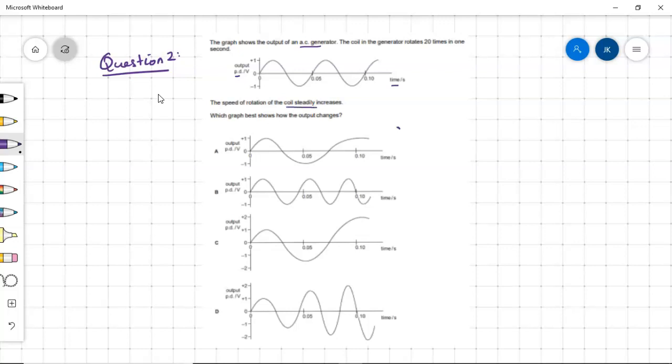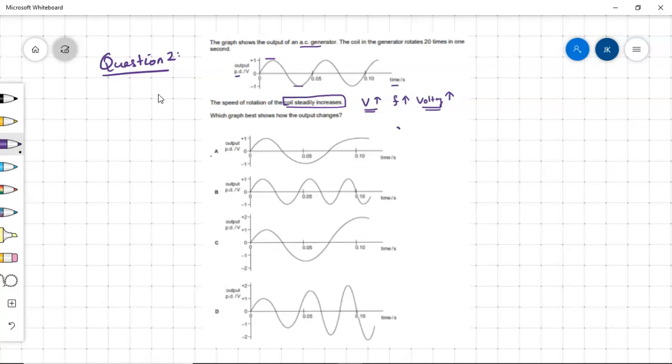Now the speed increases steadily. Speed increases, frequency increases, voltage increases. Here it is 1 volt, negative 1 volt. As we are increasing the speed, the voltage must increase.